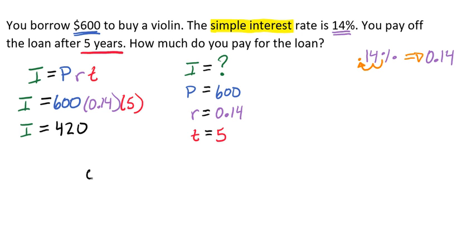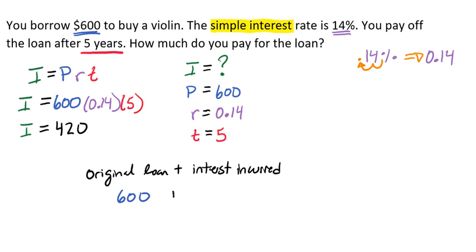So you're going to have to pay back the original loan plus any interest incurred. So remember that the initial loan was for $600, and we're going to be paying $420 in interest, which means that we're going to be paying $1,020 for this loan of $600.